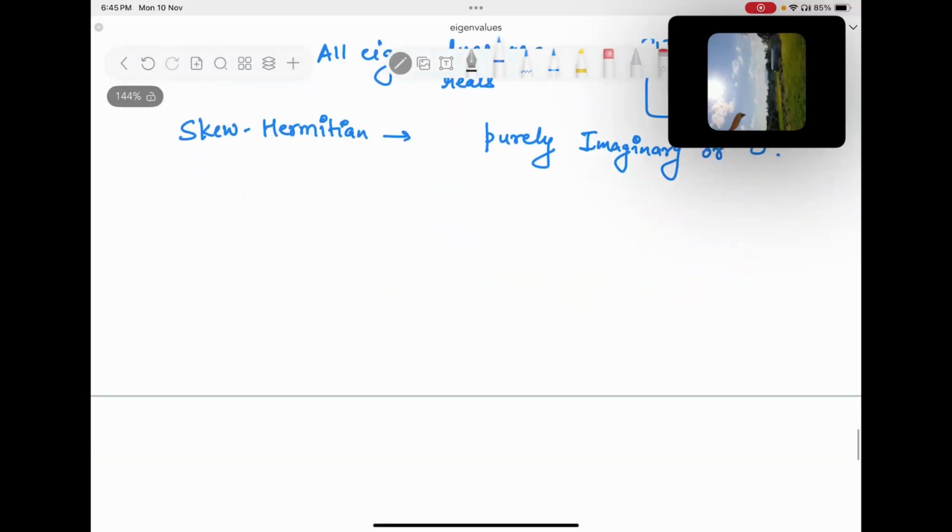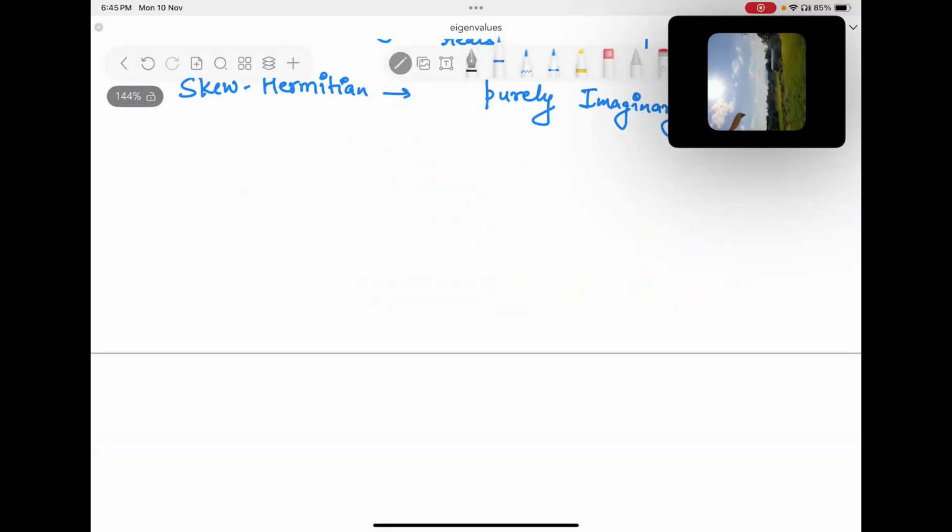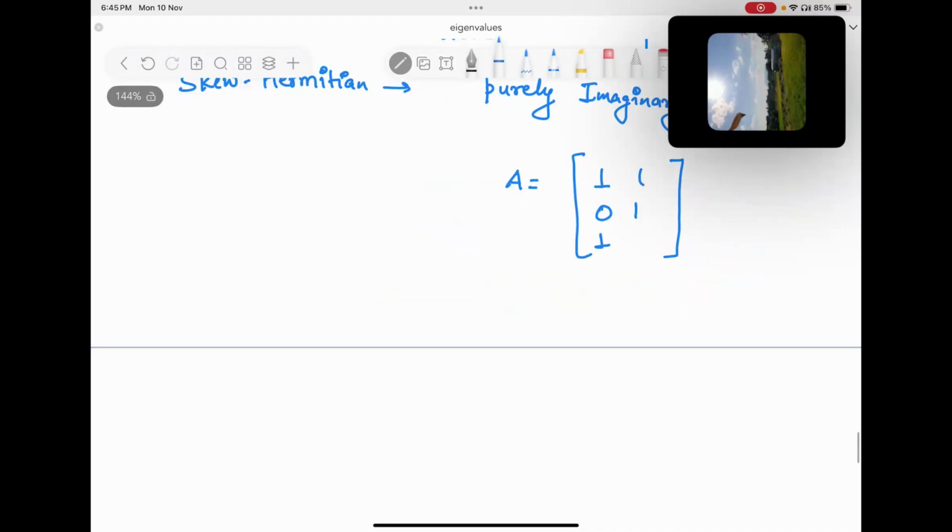Now suppose you have a matrix A equals 1 0 1, 1 1 1, 0 1 0... Can you tell me what the eigenvalues of this matrix are?